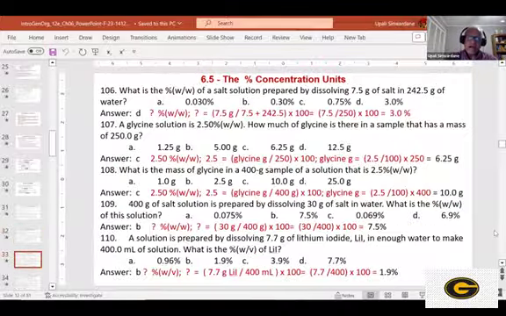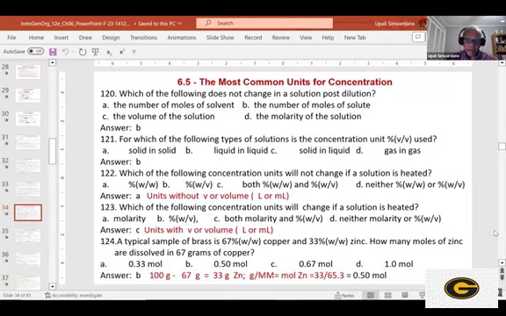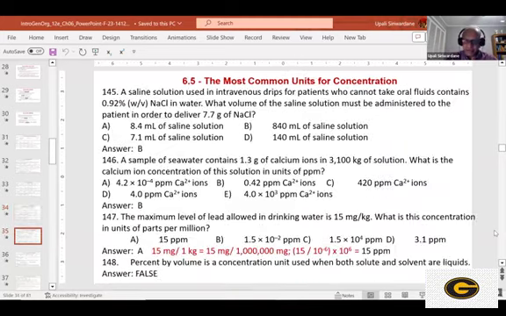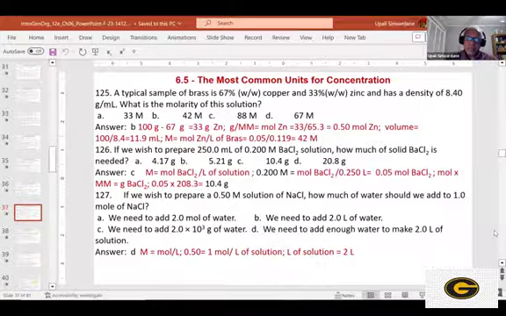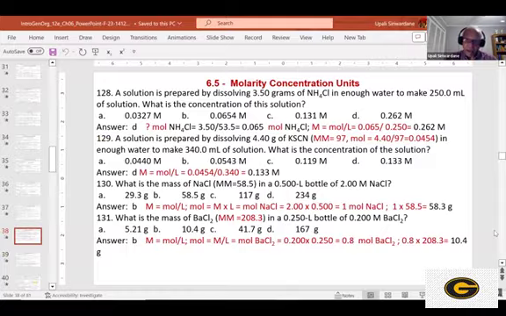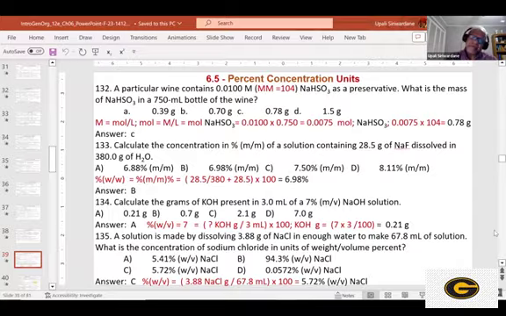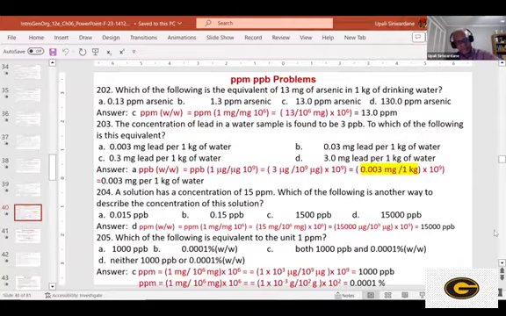Concentration unit, most common concentration unit. Molarity concentration unit, moles per liter concentration, percent concentration unit. Now this slide shows how to do ppm, ppb problems.